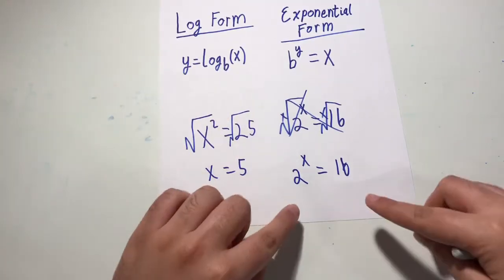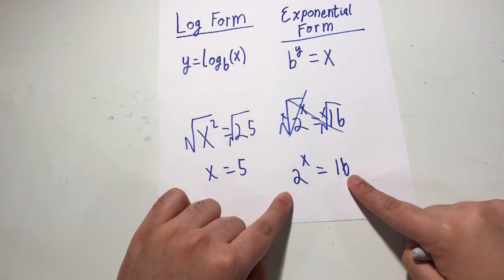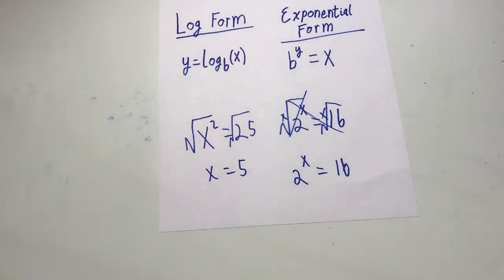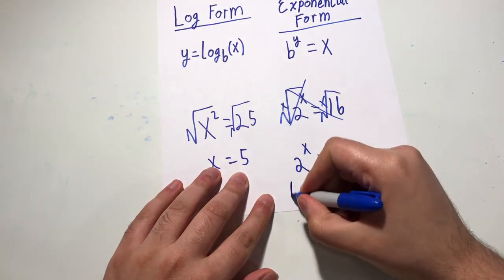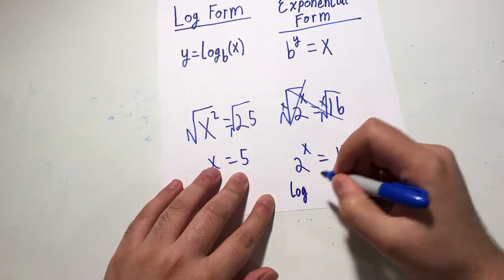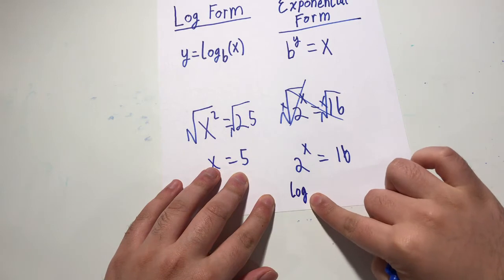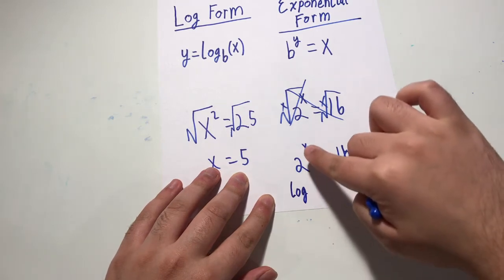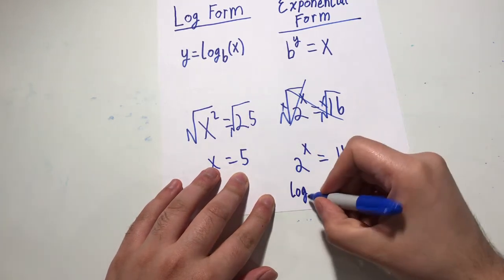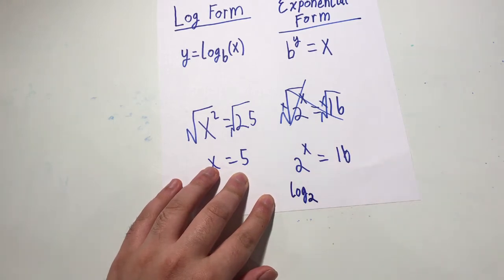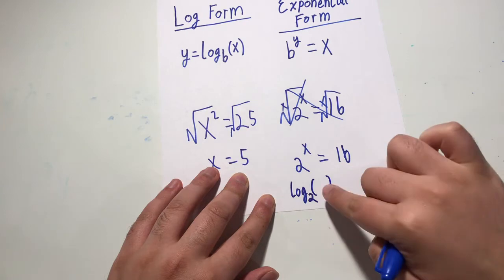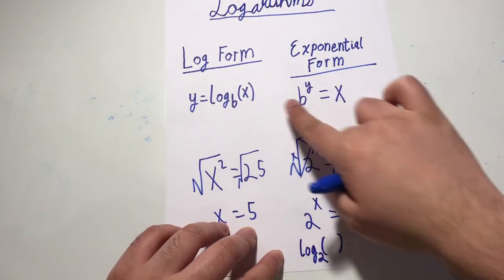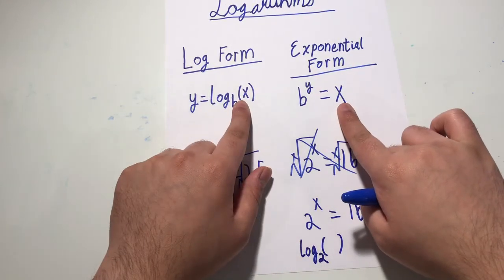So let's actually look at converting this into log form. What you do is first start off: so logarithm, what's my base? Well, the base of my logarithm should be the exact same as the base for my exponent, which is 2. So that's going to be log base 2. Log base 2 of what? The thing that goes in here is whatever my answer was before.